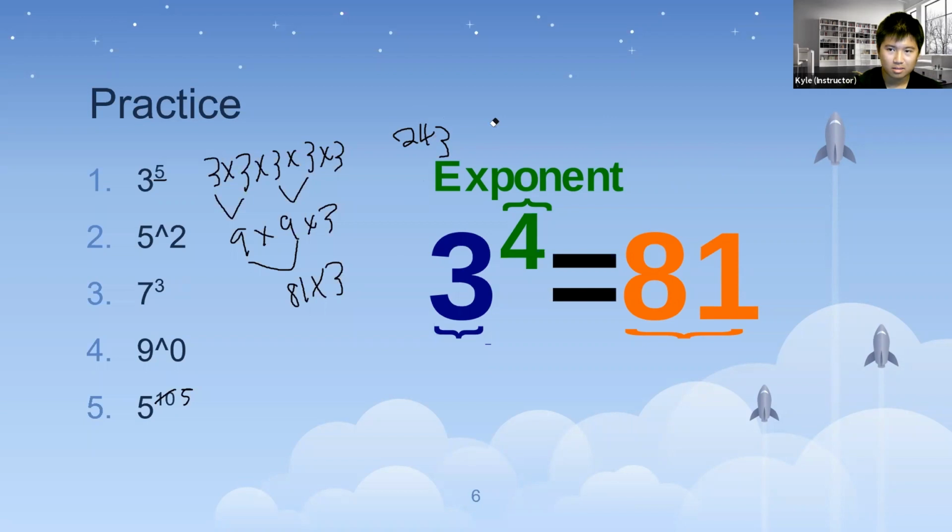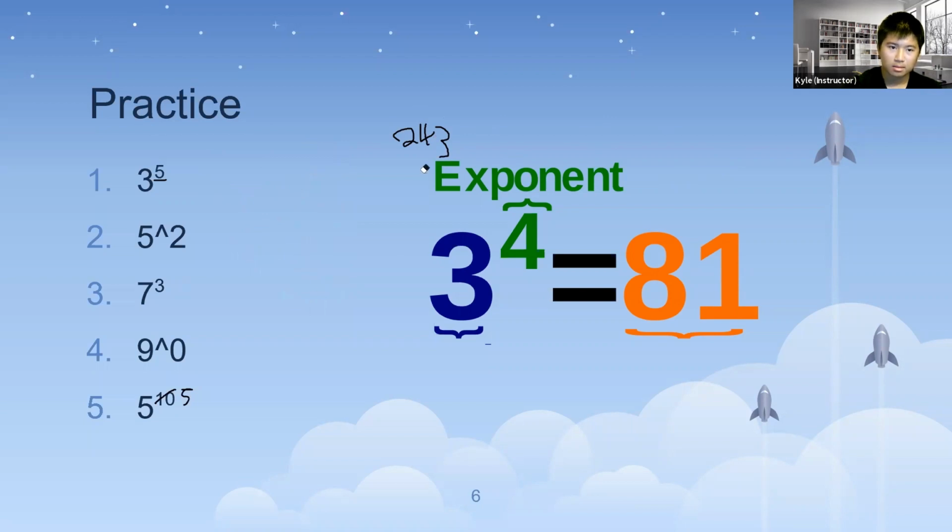Okay. So let me go on to the next one. For the next question, we have, yeah, right, Bowen. It's kind of confusing, but as long as you count back how many threes you add up, you should be fine.